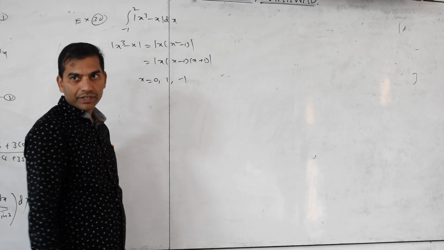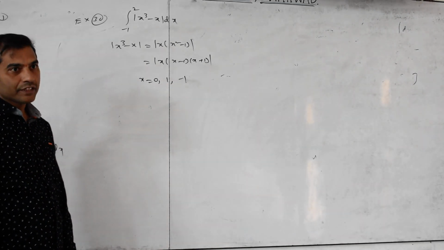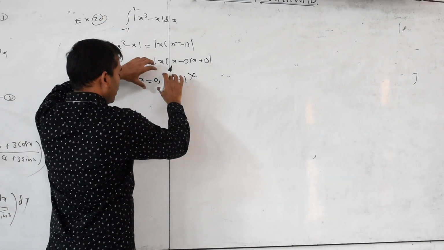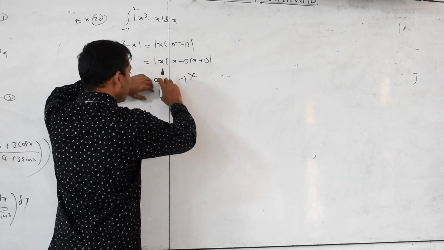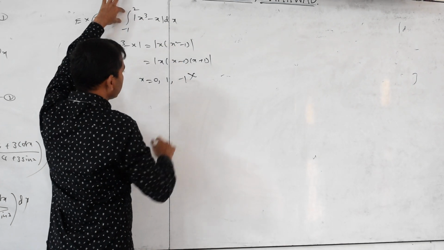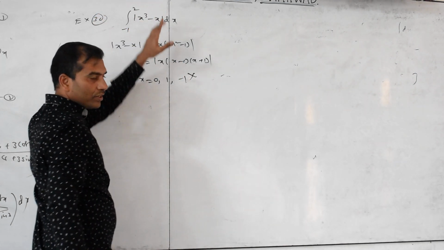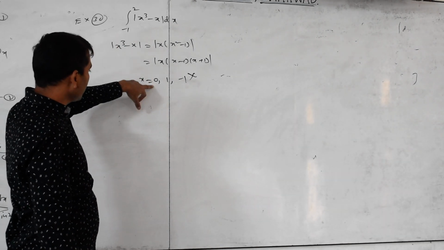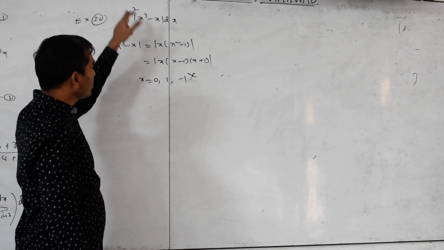These three are critical points. But minus 1 is the lower limit, so we should cancel this. These critical points should be in the interval, but minus 1 is not in between, so there are only two. So we split into -1 to 0, 0 to 1, 1 to 2.